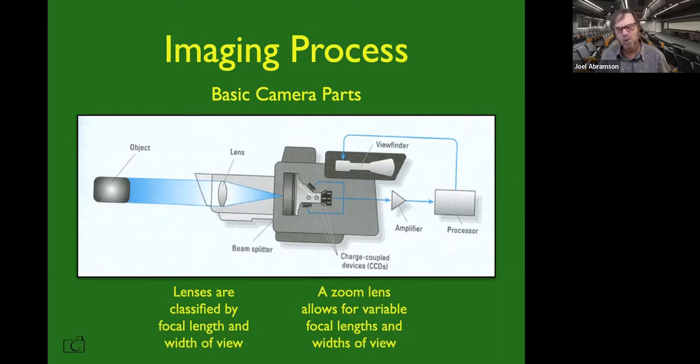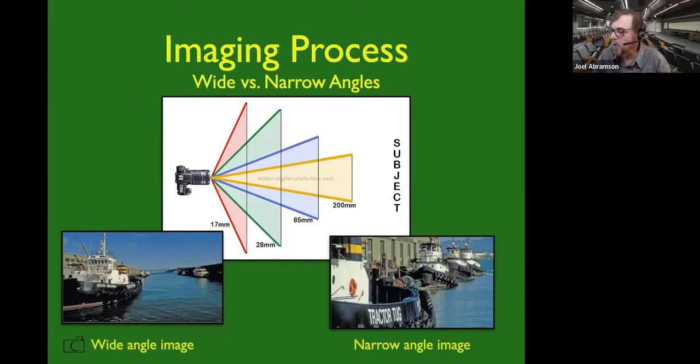So we have these zoom lenses that are multiple focal lengths. And you might have heard people talking about narrow angles and wide angles. And that's what we have here. In the image on the left, that's a wide angle image. And that's like that red angled image from the camera you see in the middle, right? The wide angle gives us more of the field of view.